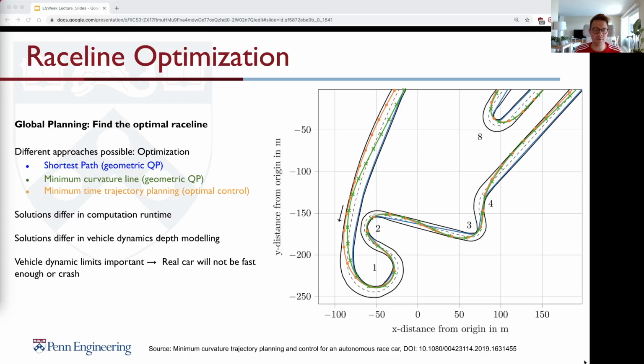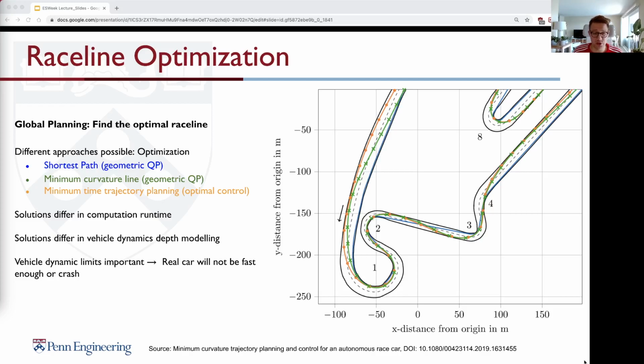So overall, we minimize the curvature profile. A minimized curvature means that we drive as fast as possible, we can increase the speed, and we can accelerate and decelerate constantly. This is shown here in green and we get a very, very good lap time based on this optimization.